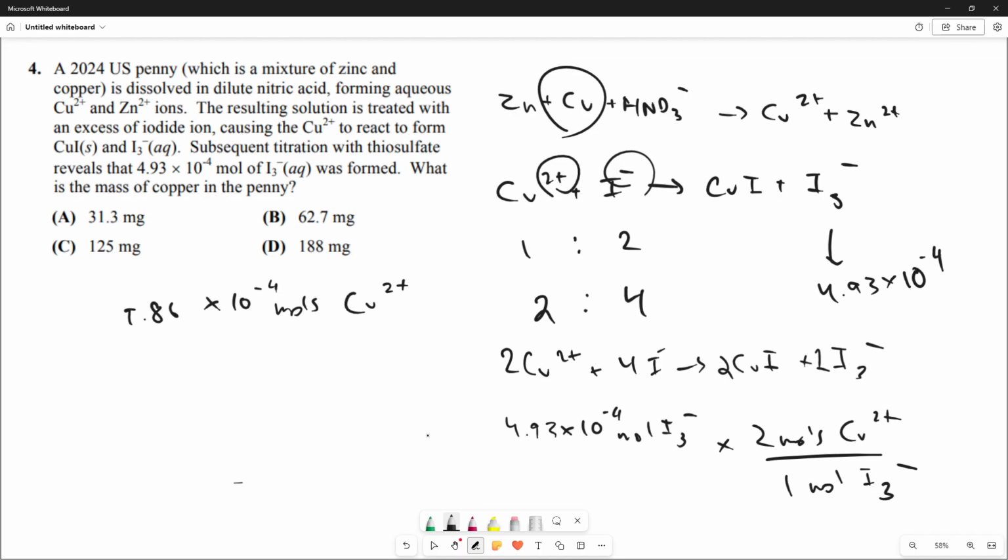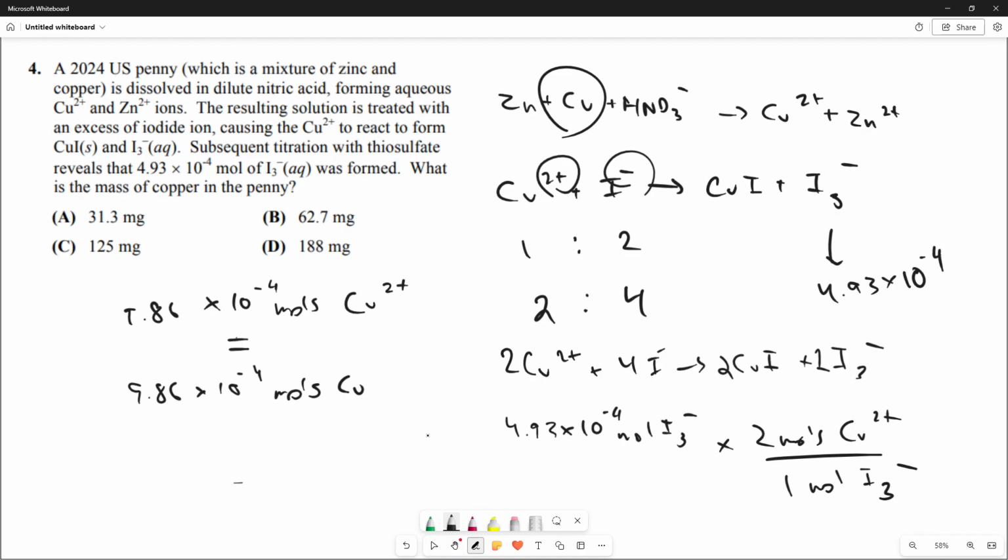It's the same moles of copper, 1 mole to 1 mole. So if we have 9.86 times 10 to the negative 4th moles of Cu2+, we're also going to have 9.86 times 10 to the negative 4th moles of copper.